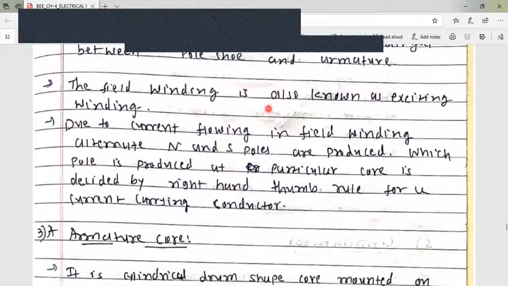Here, when we excite the field winding, it produces the magnetic field. But due to the current flowing in the field winding, alternate N and S poles are produced. The pole produced at a particular core is decided by the right-hand thumb rule for a current carrying conductor.